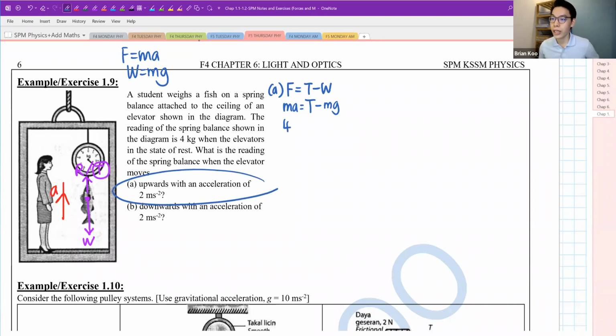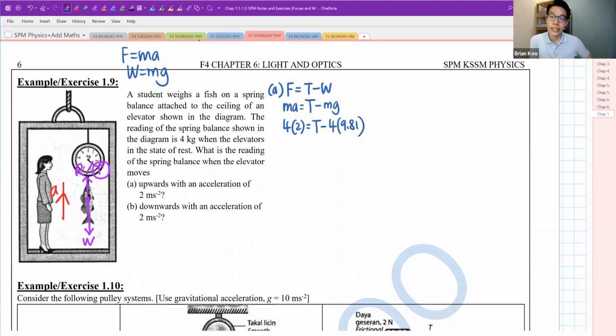Acceleration, they already wrote here, 2 meters per second squared. The g value is always 9.81. Unless they tell you differently, you always stick to 9.81. I believe you can find out your T already. That is the reading of the scale.